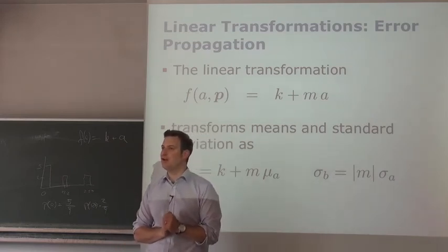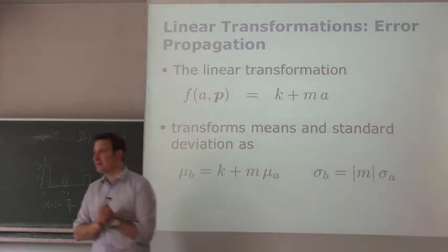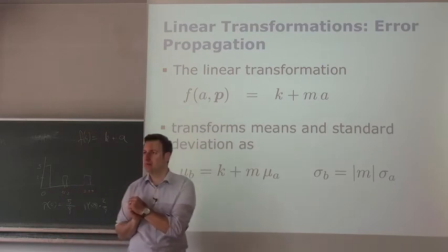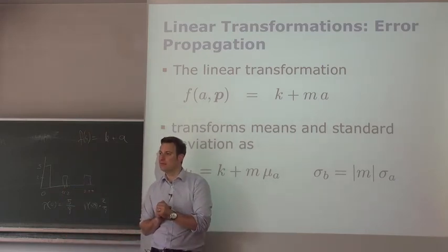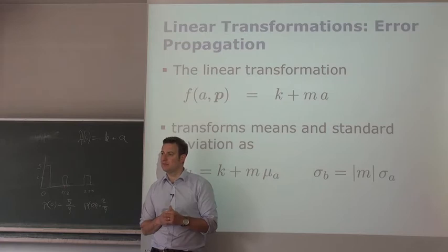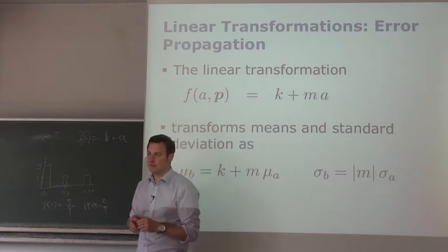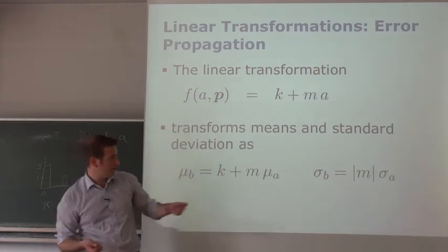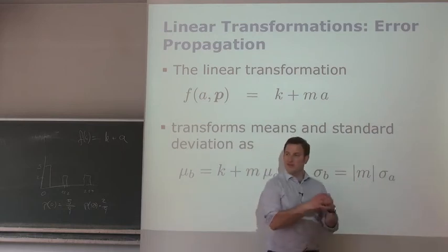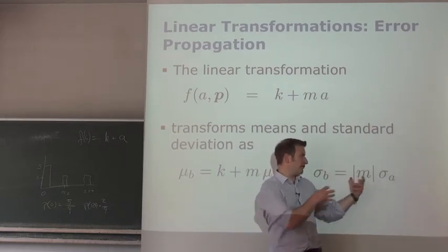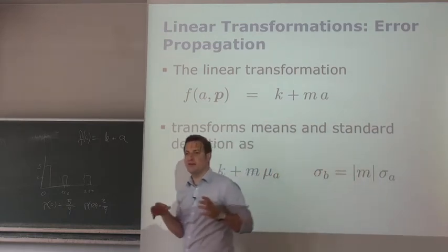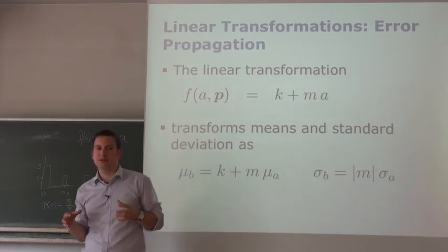Okay, so now let's say we keep k equals 0, and we change the value of m from 1 to a value larger than 1. Then the standard deviation, and thus also the variance, gets larger. What does it mean if the variance gets larger?